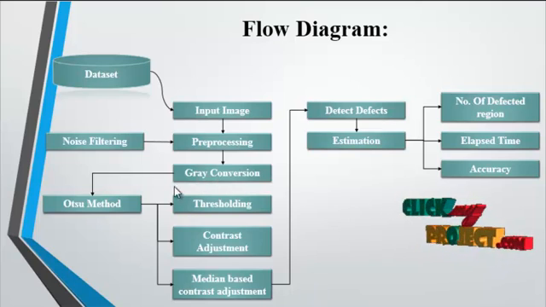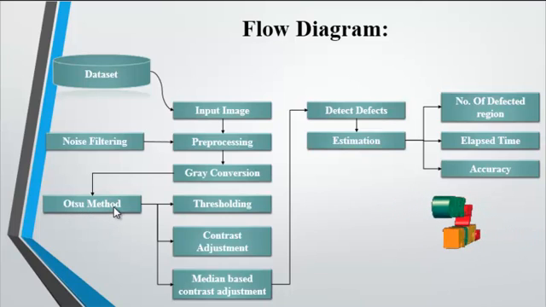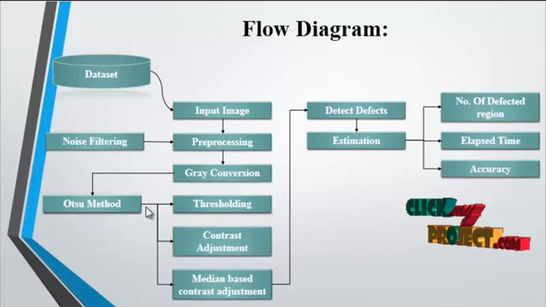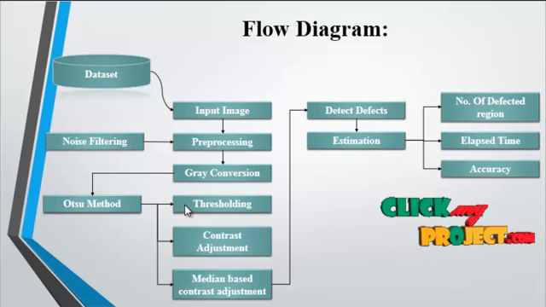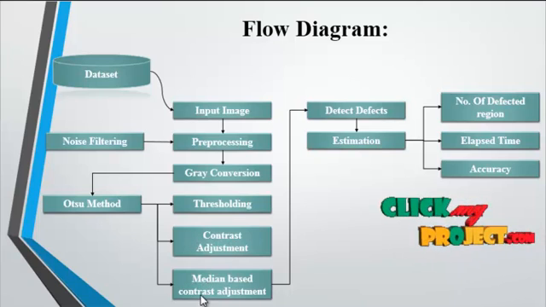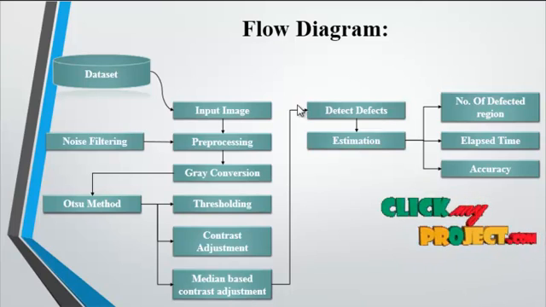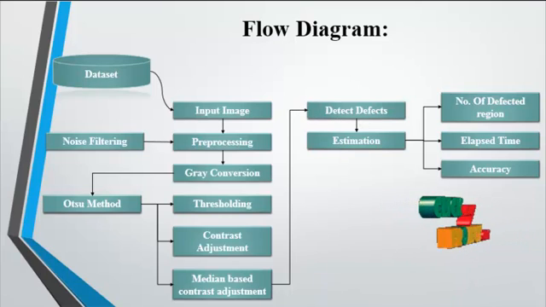After the grayscale conversion, the Otsu method is applied by using the corresponding threshold value. After applying the Otsu method, the contrast adjustment Otsu and the median based contrast adjustment Otsu methods are carried out. After these two steps, the defect detection is carried out.